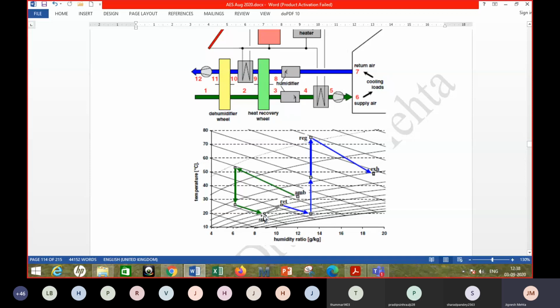Now, let us think about this stream, the exhaust stream from the room. So that is this state, return. Okay, what is written here? 7. Now what you are doing is first you are exposing it in a humidifier. So with the help of sprays of water, a little evaporation will take place and the temperature will reduce.